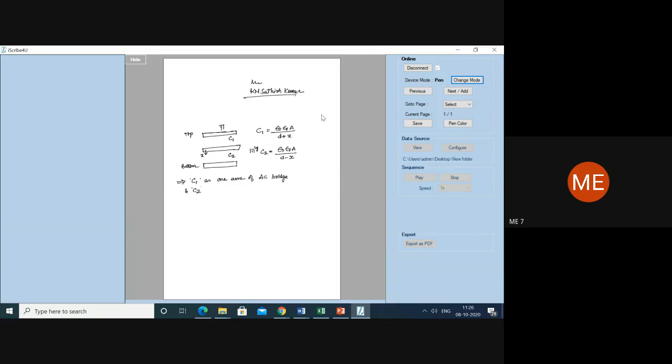If I do so, the effect is that an alternating voltage E is going to be developed across capacitance C1 and capacitance C2. Can you see this? What is it that I am writing?